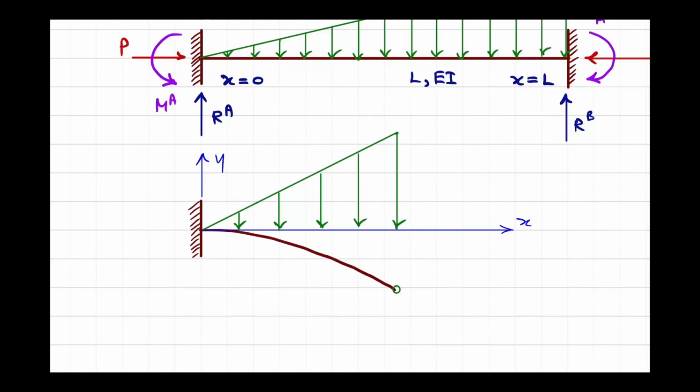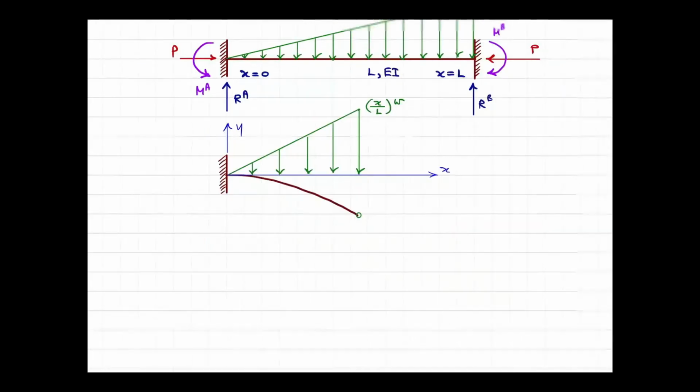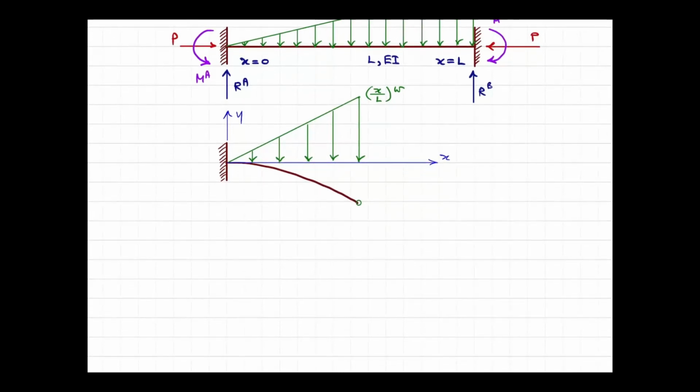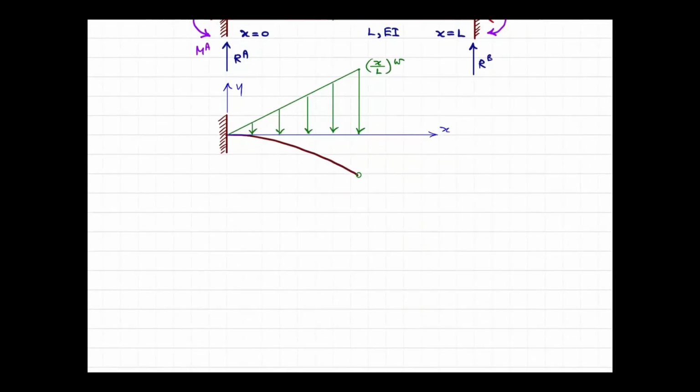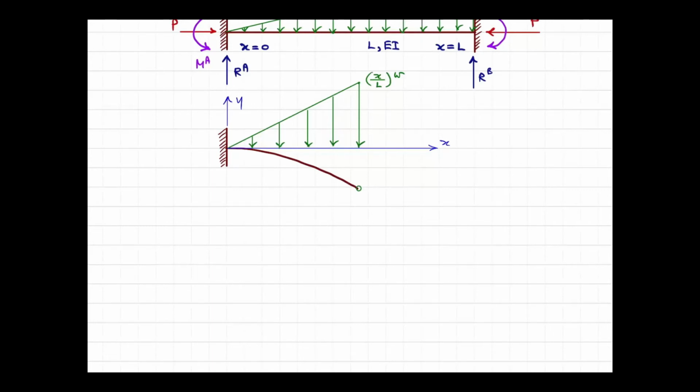So how much is this? This is equal to x over L multiplied by W. So in your equation, we need to again fix the particular solution for this case, because it's gonna include some higher order terms than last time.